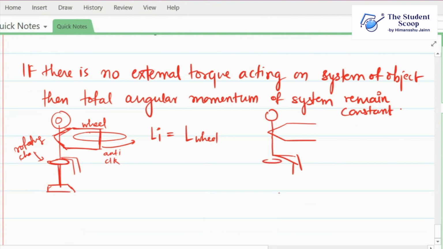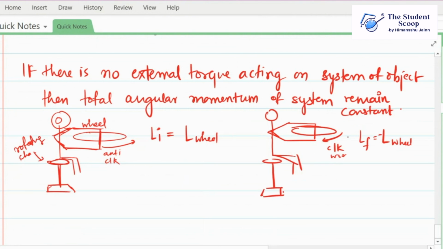He is changing the direction of the wheel to clockwise. He has twisted his hand, and he is making the wheel go clockwise now. He has basically exchanged his arms. Now what will happen? The final angular momentum will be the negative of the wheel's, because the wheel is going in the opposite direction now. So you can see that if you just consider the wheel, the angular momentum has changed.